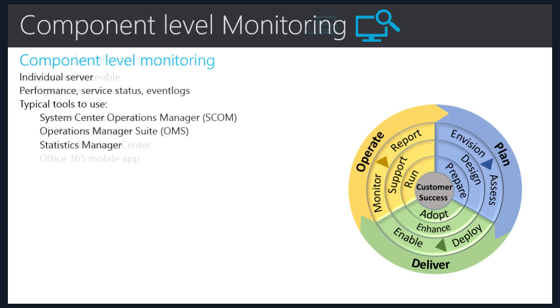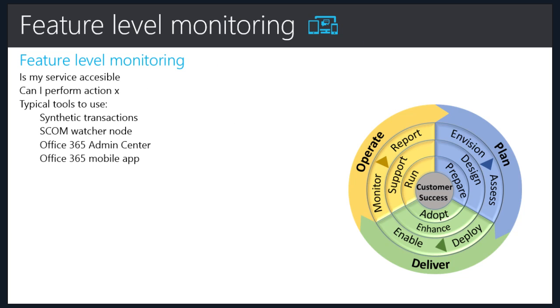Then if we continue to the next step, feature level monitoring, which is really: am I able to perform action X, or is my service accessible from the end user's point of view? In the on-premises world, this is really the SCOM watcher node and the synthetic transactions that help us monitor and identify this.